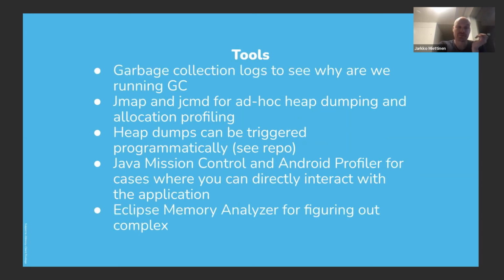Then there's the slide on the tools mentioned. With every OpenJDK there comes a set of command line tools. Two of the most important ones are jmap and jcmd, which can be used to do ad hoc heap dumping and allocation profiling. But in some environments, it can be very hard to just go and run these commands.